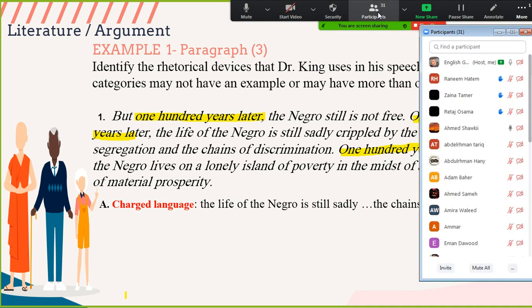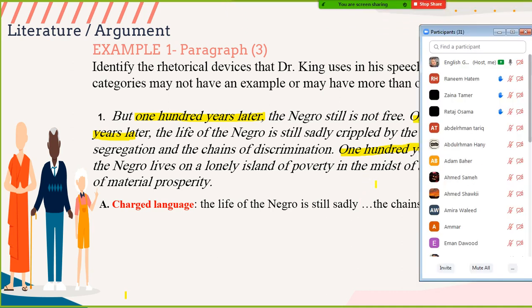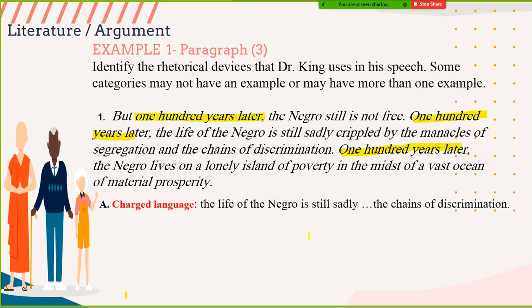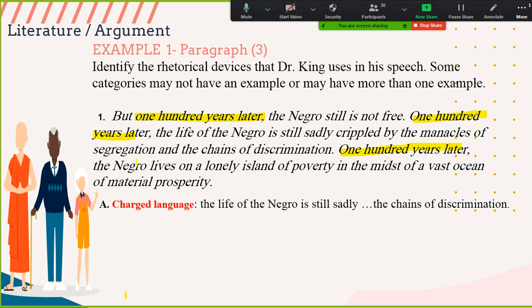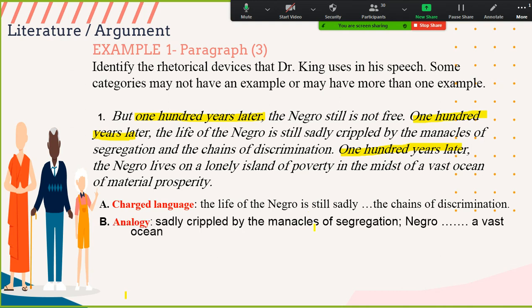I don't know, miss. Okay, Ranim, as long as you have said it before. Yes, actually. Crippled by the manacles of segregation and the chains of discrimination. That's right. He compared the manacles to segregation and the chains to discrimination. So this is the analogy, making a comparison between two unrelated or dissimilar things.